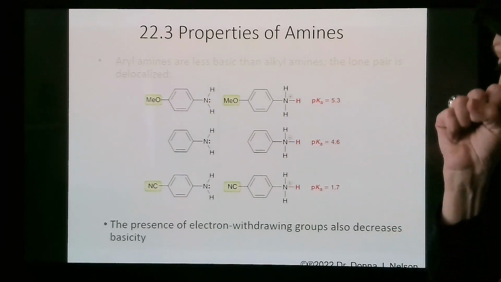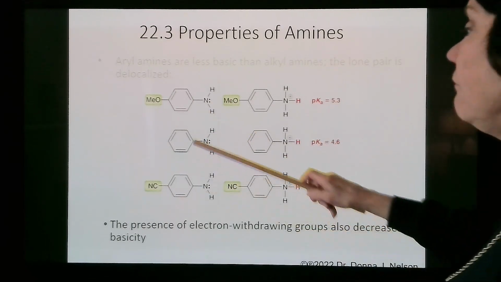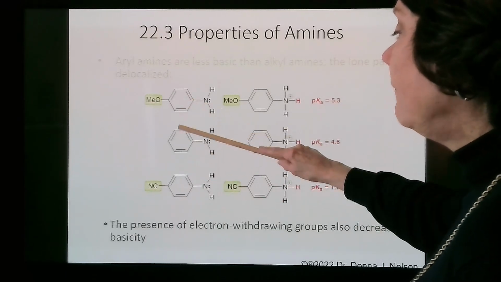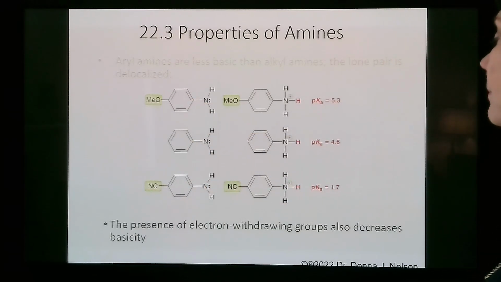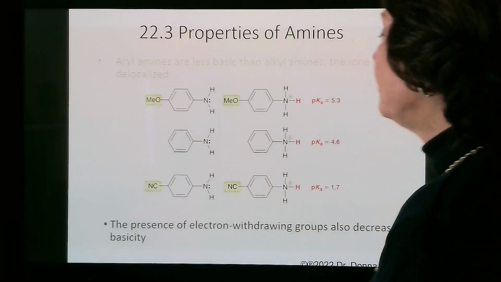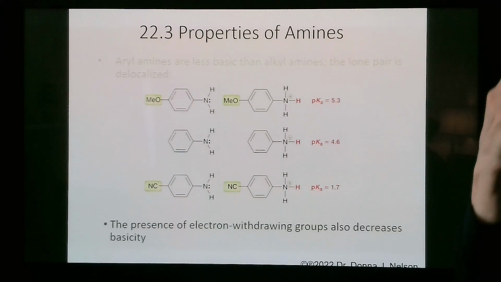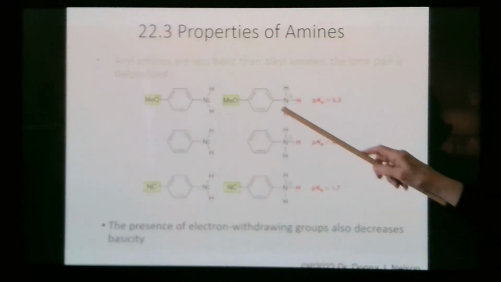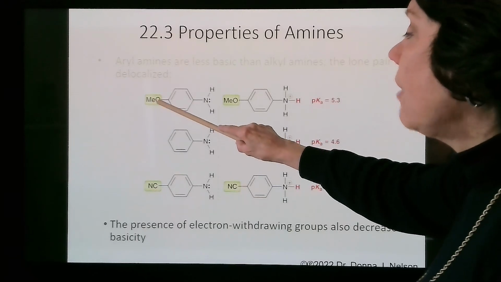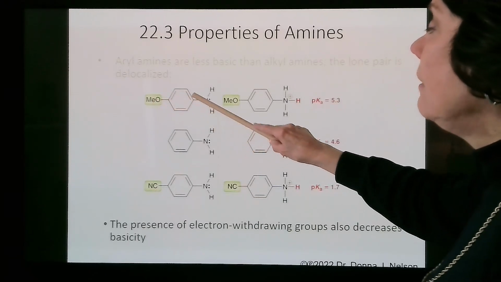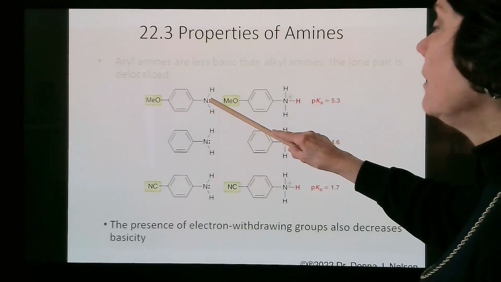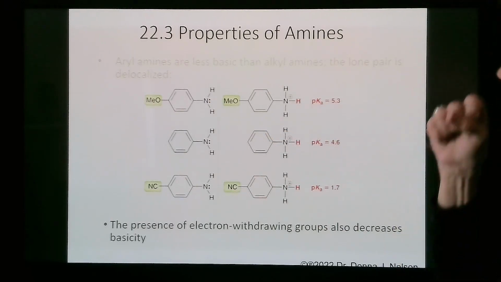You can also see the impact of groups attached to the phenyl ring. So methoxy groups are electron donating, as you have seen, and so the methoxy increases the amount of electron density here, and it will also increase the amount of electron density on nitrogen.